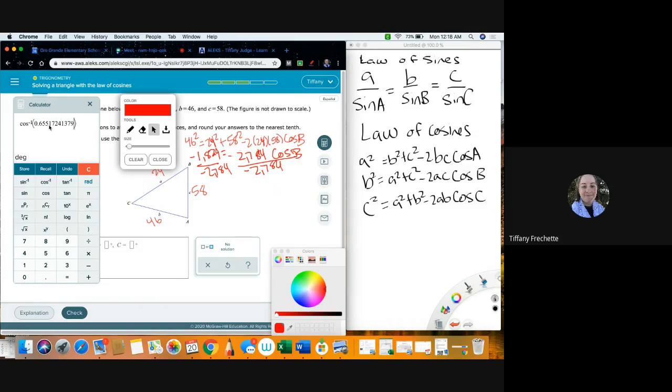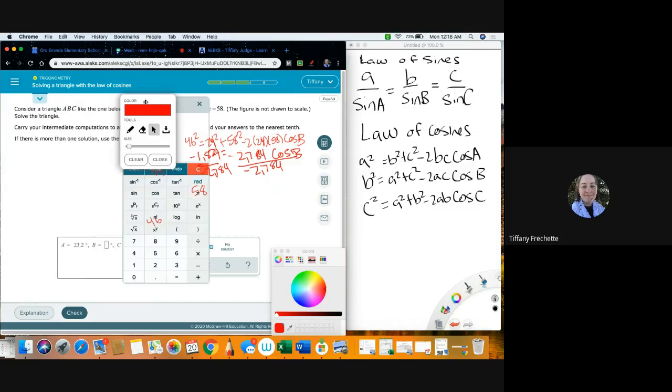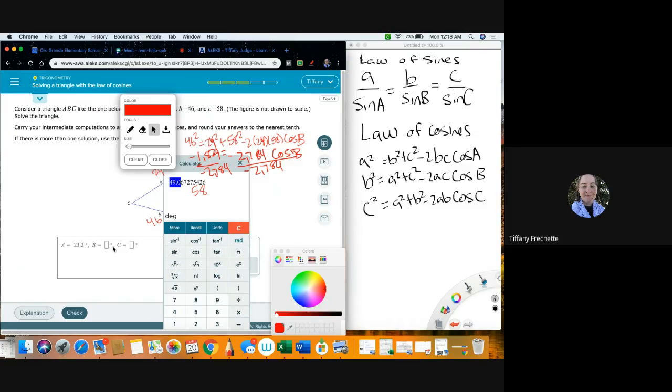So I'm just going to hit that button and then hit equals, because this is what we want to focus on here. So we want to round to a tenth. I look at the 6. Since the 6 is 5 or bigger, it rounds the 0 up to a 1. So my B is actually going to be 49.1.